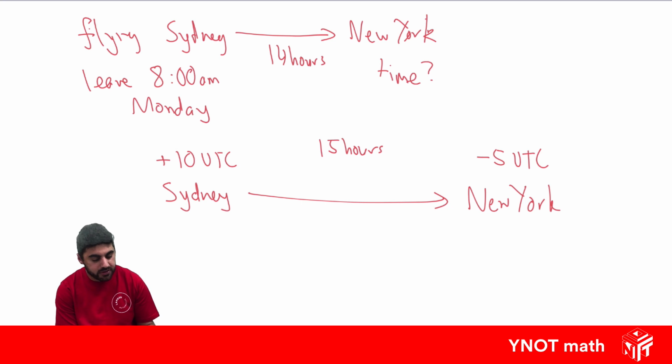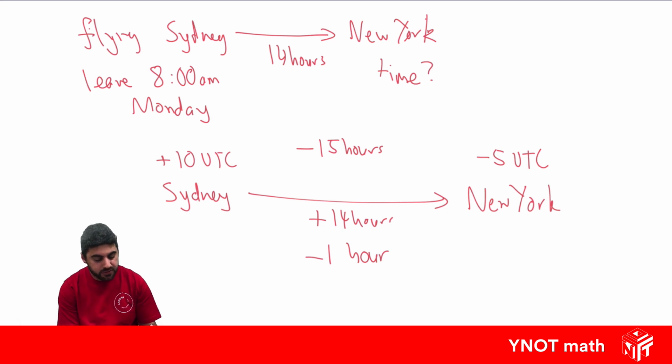Which means, since Sydney is plus and New York is minus, when we travel from Sydney to New York, we're going to have to subtract 15 hours worth of time. But if the flight is 14 hours, we're going to have to plus 14 hours there. And combining those two together, minus 15 plus 14 gives us minus 1 hour.